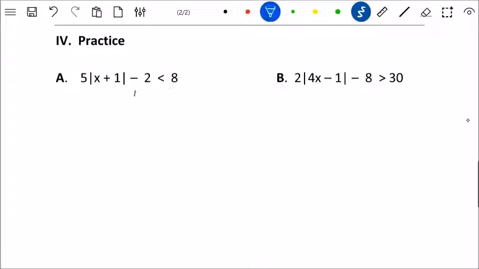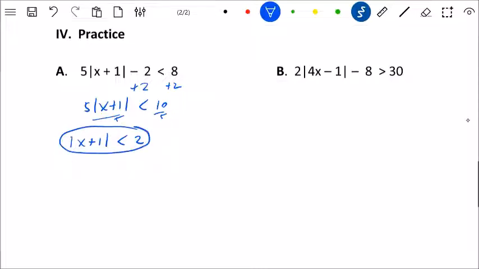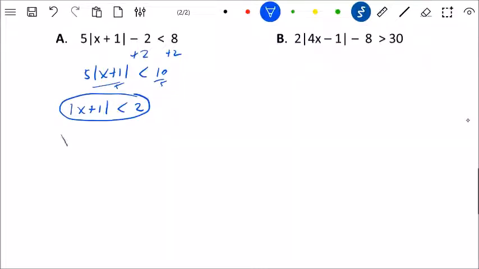Okay, welcome back. Let's add 2. Less than 10. Dividing by the 5 gives me absolute value of x plus 1 less than 2. So here is my true absolute value, which means now I can do case A, x plus 1 less than 2, without the absolute value bars.